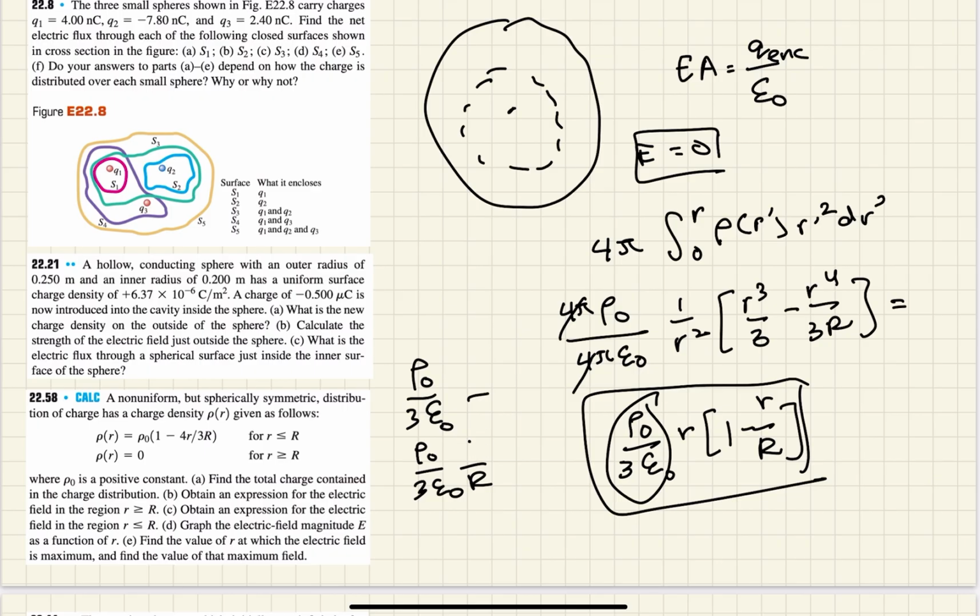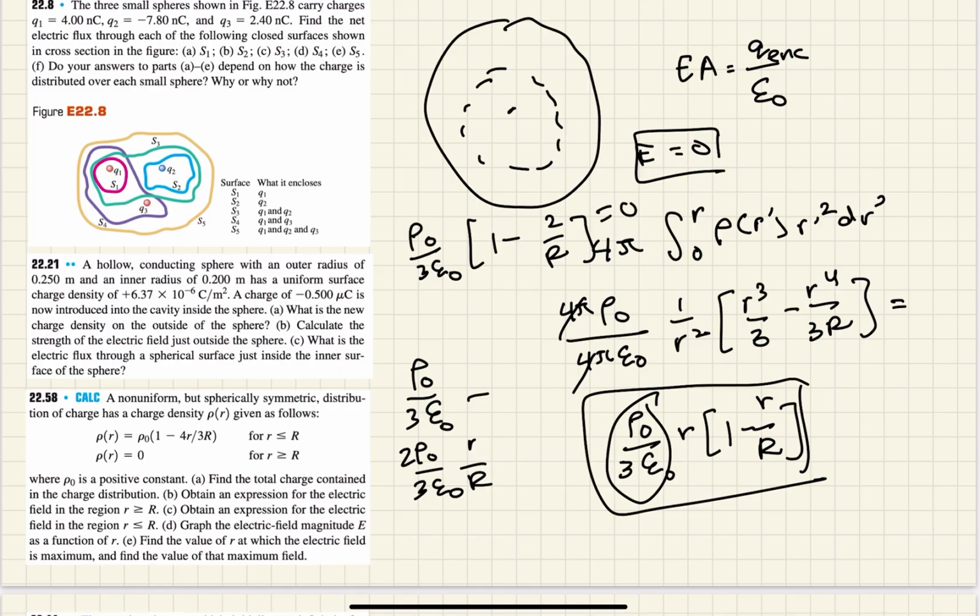Sorry, this should be r squared. So now you bring down a 2, and you're just left with r up here. And so, again, you can factor it out. Rho naught over 3 epsilon naught times 1 minus 2r over R is basically what it is.